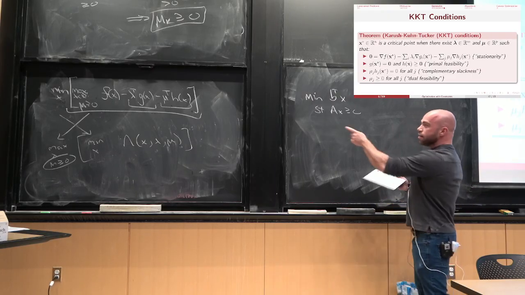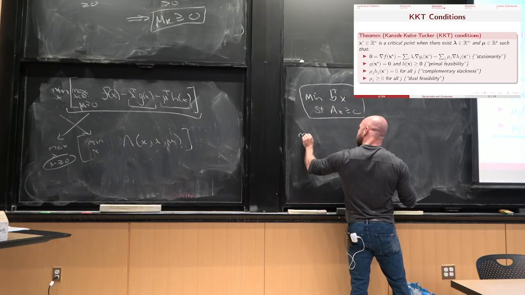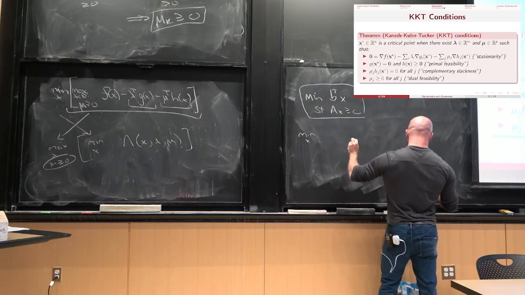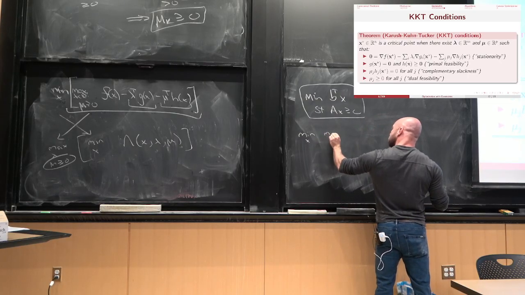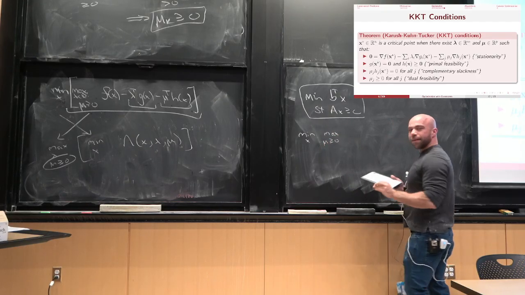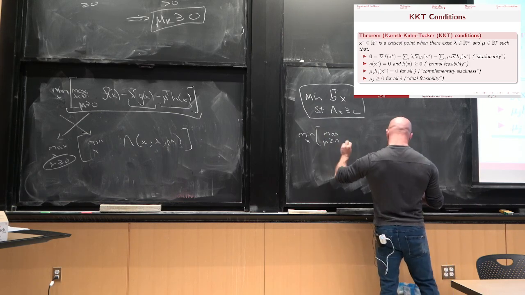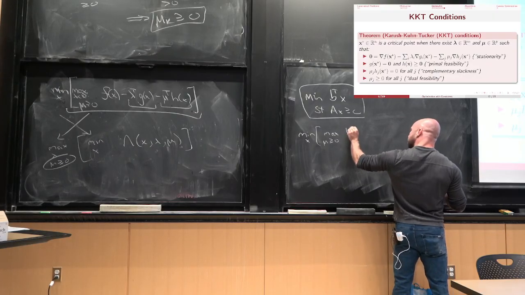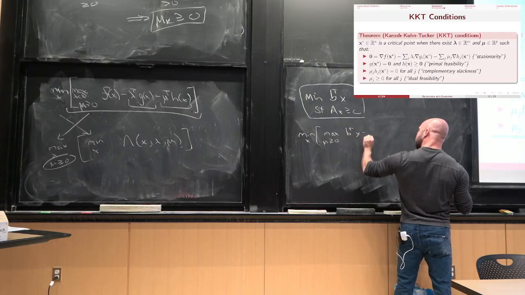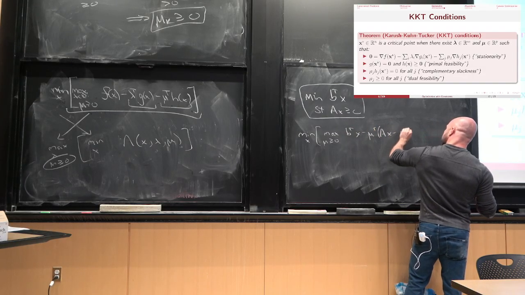All right, so what is our primal in the language there? It's going to be min over x, and we now got a max over mu. Notice there's no equality constraint, so we just have mu greater than or equal to 0. And we're going to have b dot product x, I always get the sign backward, minus mu dot product Ax minus c.